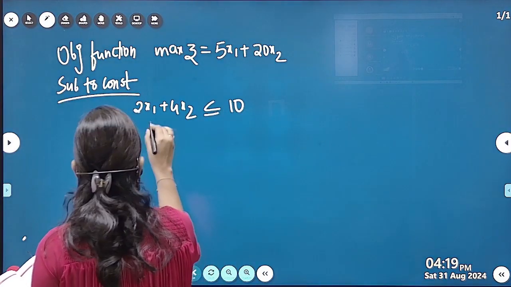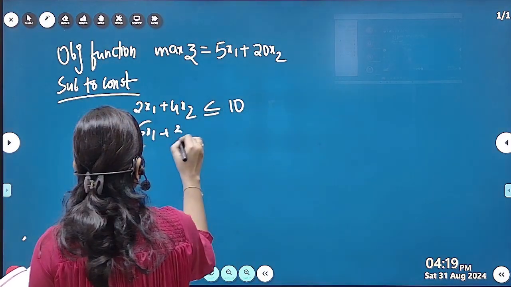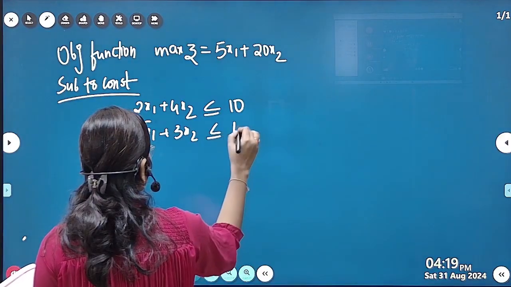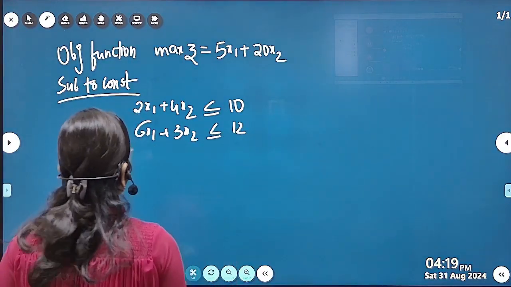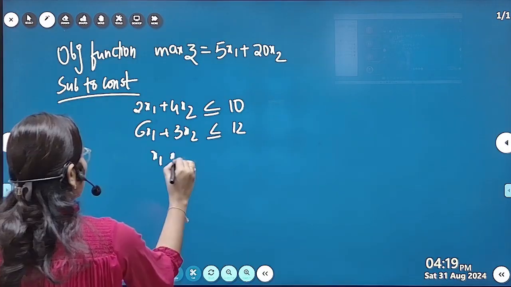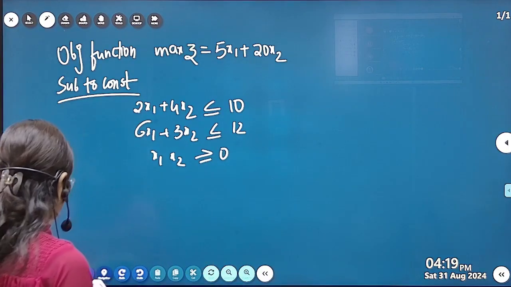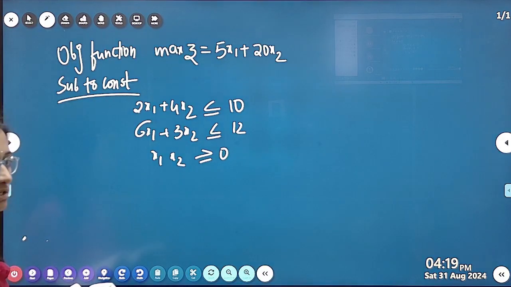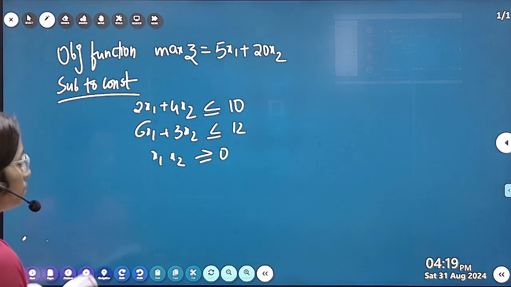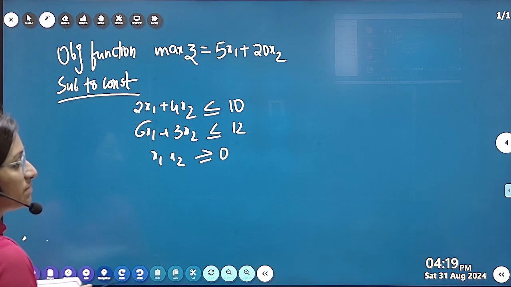Next one, 6x1 plus 3x2 is less than or equal to 12. Where x1, x2 is more than or equal to 0. So this is the formulation. Now we need to solve the problem in the simplex method.